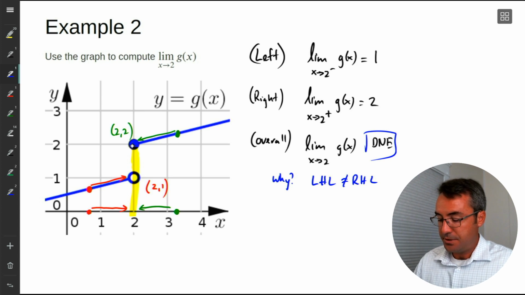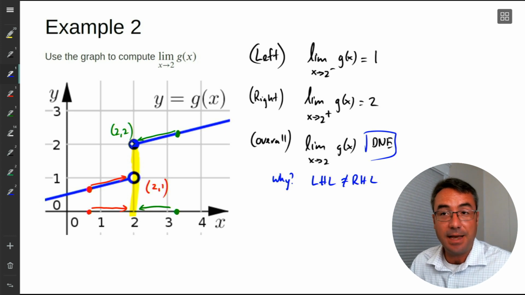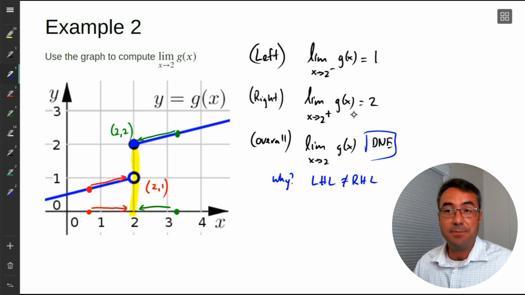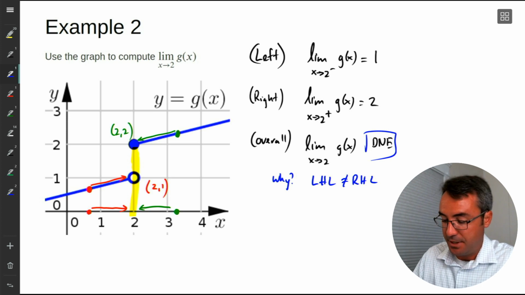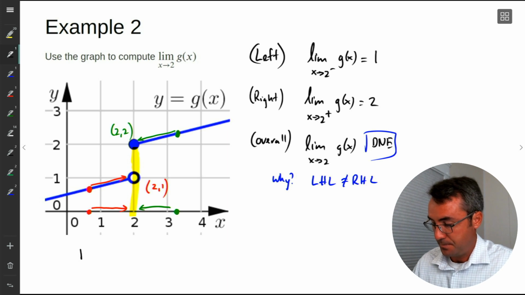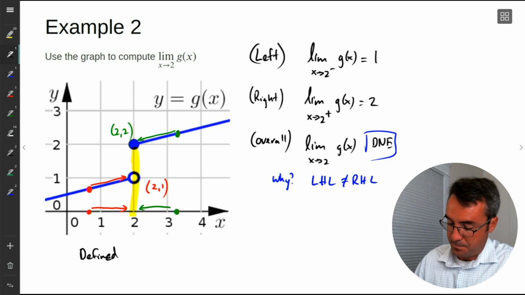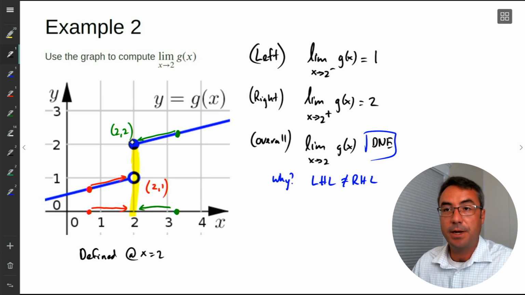Now, notice that this function is actually defined at x equals 2, but that played no consideration in our calculations for these limits. So there is actually a point on our curve here at x equals 2.